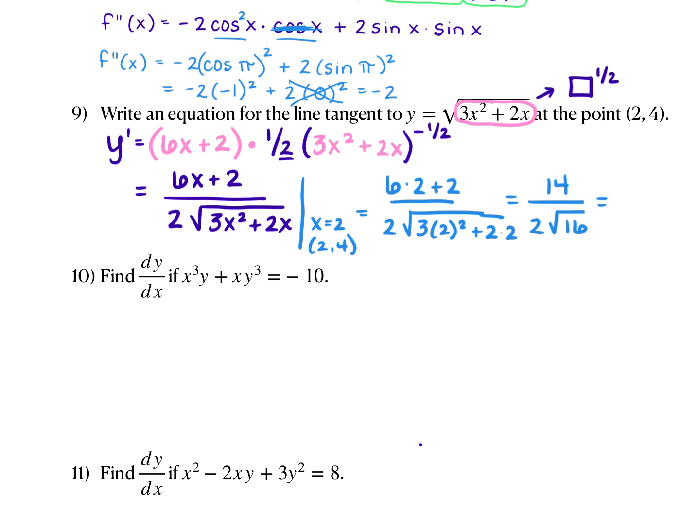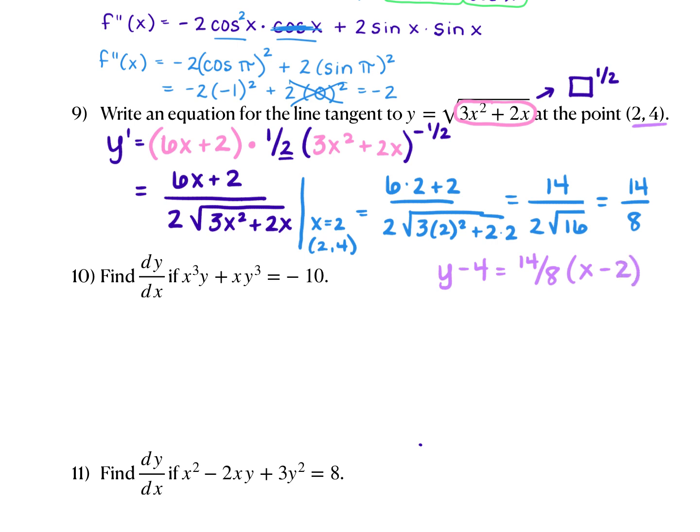So this is really a 14 over an 8 because it's 2 times 4 on the bottom. And then I can write my tangent line as y minus, I'm using my point up here, so y minus 4 equals 14 over 8, and then parentheses x minus 2.